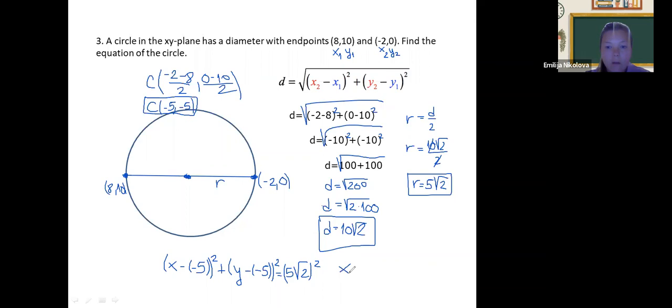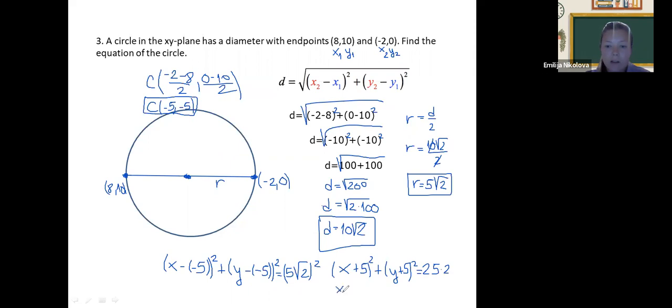So we'll have that the equation will be x plus 5 squared plus y plus 5 squared equal to, then we square the radius, that will be 5 squared, that is 25, times square root of 2 squared, that will be just 2.